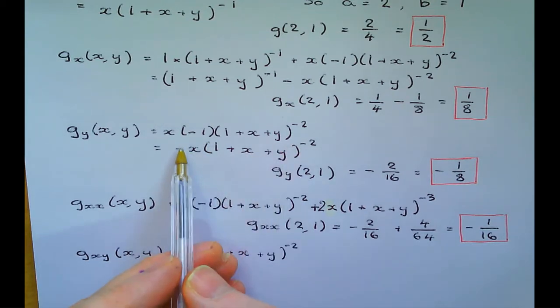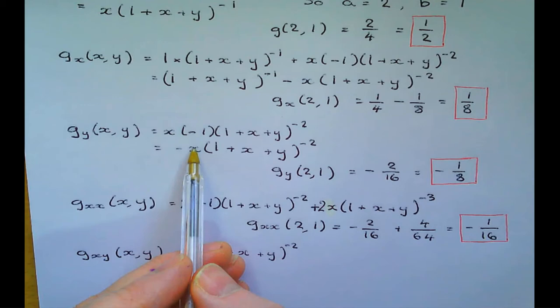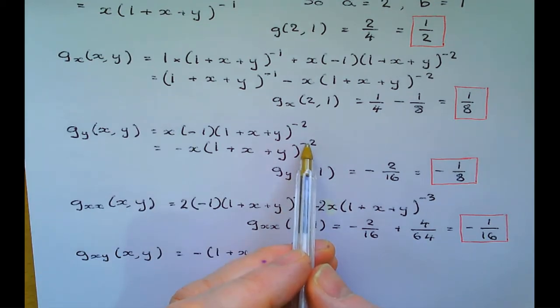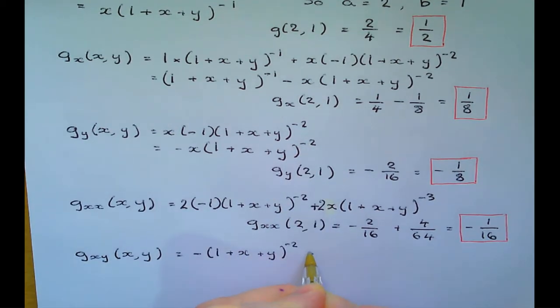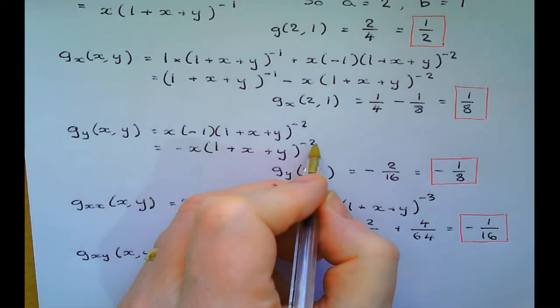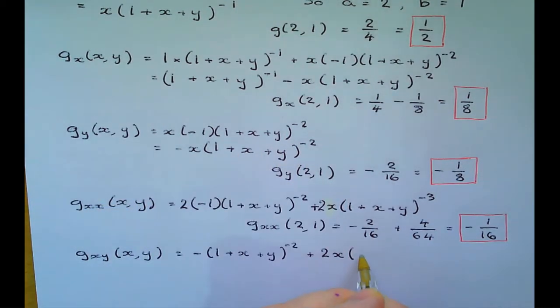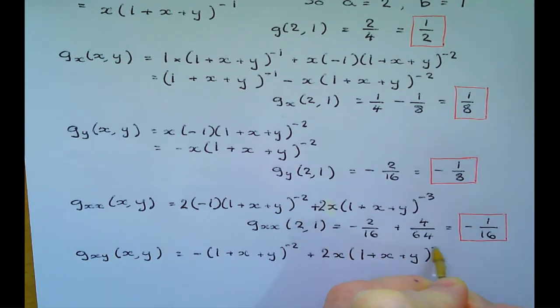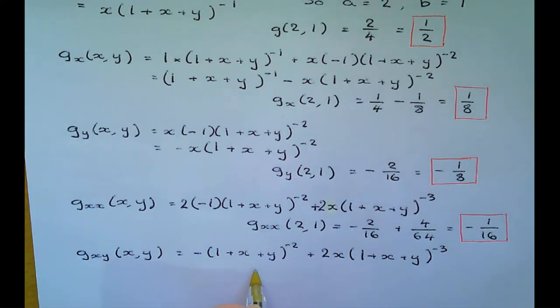And then we have minus x times minus 2, that is plus 2x times 1 plus x plus y to the power minus 3. And again, let's evaluate this at the point 2, 1.